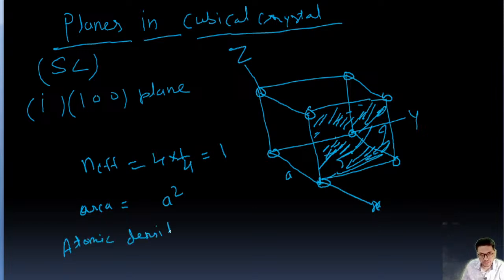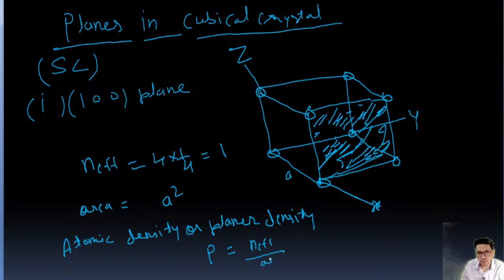Atomic density or planar density is rho equal to n effective upon area, so this is 1 upon a square.